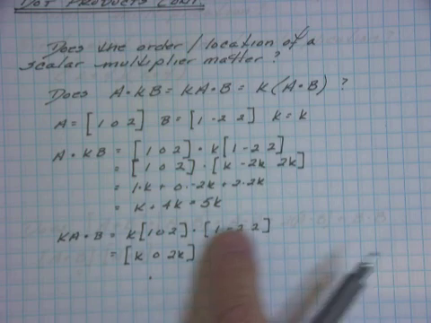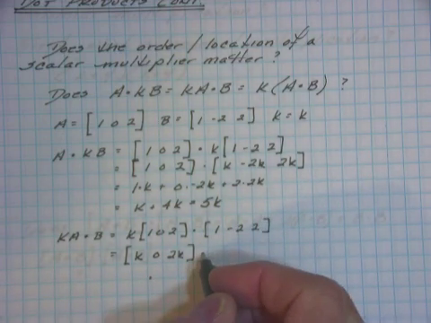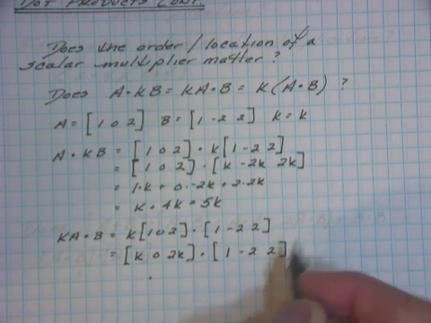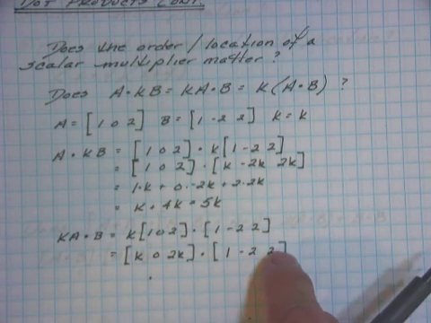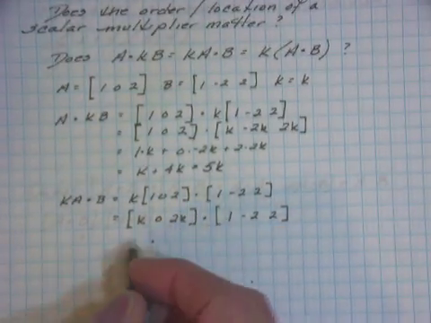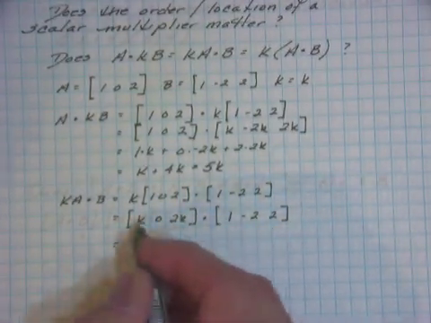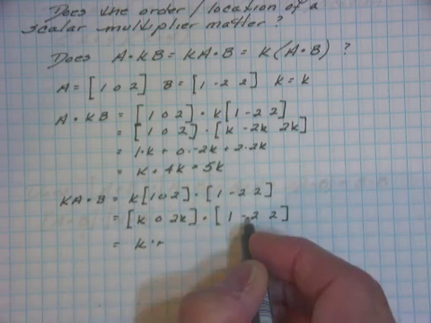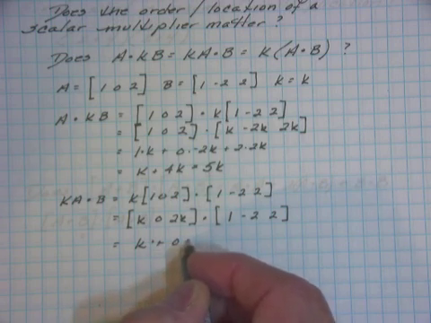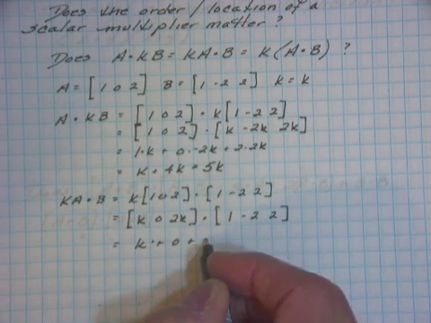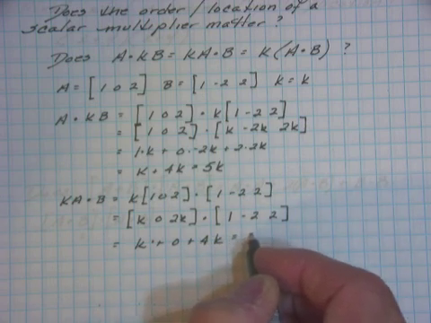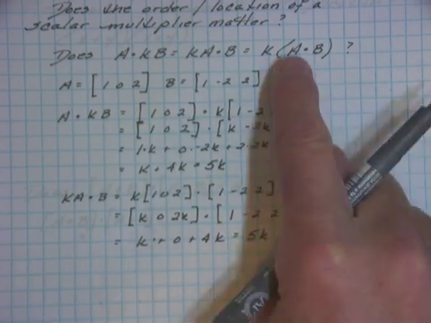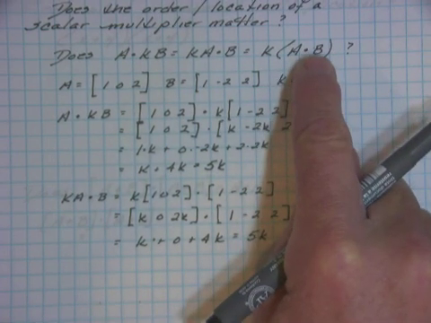Now I want you to notice, I had to put the 0 in there so that I maintained that the two matrices were equal in length. Now we're going dot 1, negative 2, 2. So this has the same number of entries as that does, and that's still important. So now we're going to do the dot product here, and k times 1 is k, plus 0 times negative 2 is 0, plus 2k times 2 is 4k. Guess what? Equals 5k. So far everything's looking good.